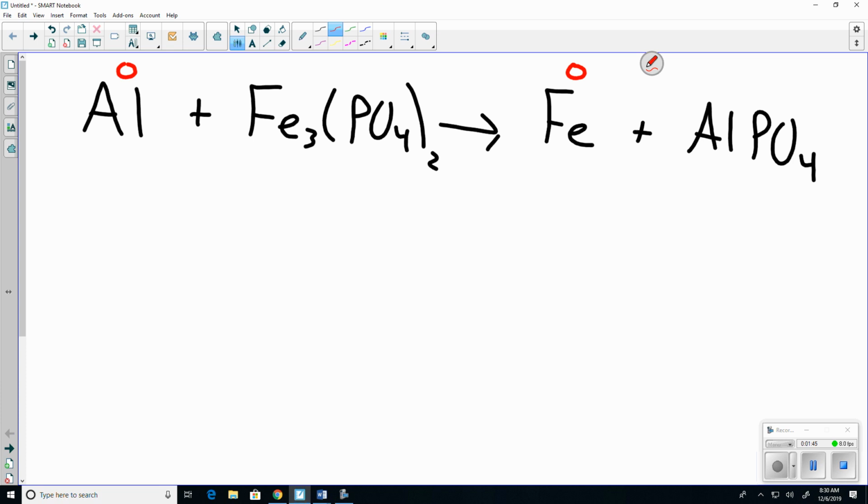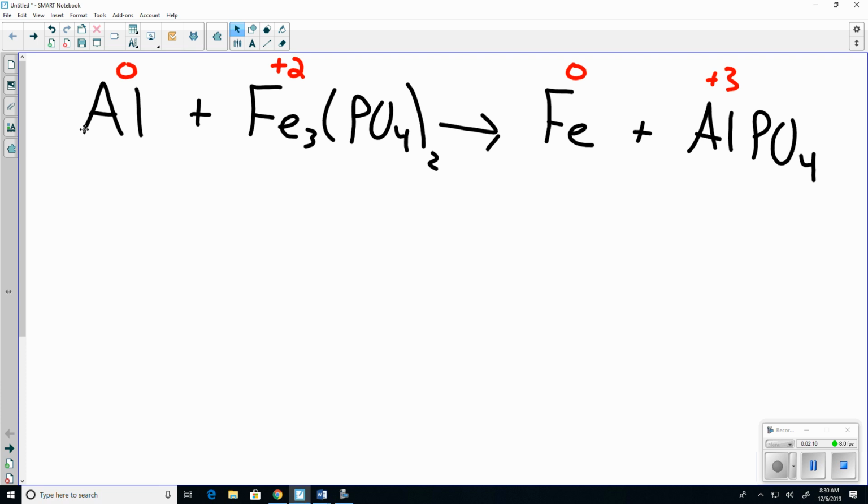Again, get used to seeing that and then saving yourself a little bit of time. If this was called iron 2-phosphate, that means that the iron is a +2 here, and the aluminum on this side would be a +3. So far, that's more or less what we covered last class period.